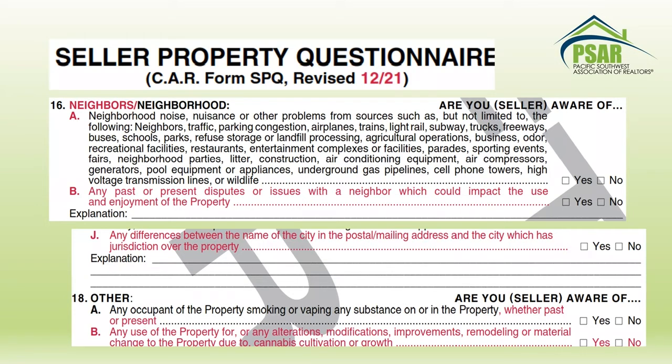Okay. Then, of course, we get into any past or present smoking, vaping, or any substance on the property. And we knew that we were going to see this eventually, right? Sign of the times. Any use of the property for any alterations, modifications, improvement, remodeling, or material change to the property due to cannabis cultivation or growth. Some people do have grow rooms, and oftentimes they're in the garage, but we do see them in the homes as well.